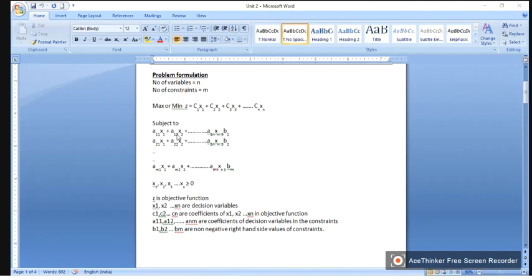And we can have the constraints like this, and A11, A12, etc. are called coefficients of decision variables in the constraints. B1, B2, B3 are the right hand sides of the constraints. Okay. So this is the general format for a linear programming problem.